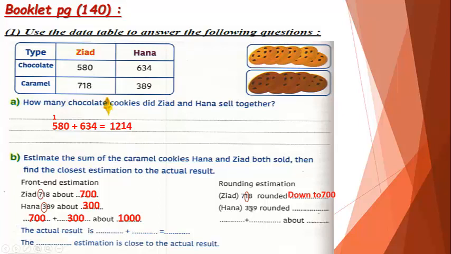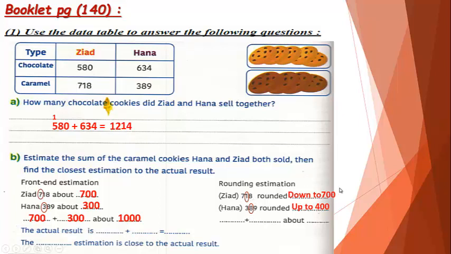Okay. What about this one? Circle the tens here. The tens here is 8. Is 8 more than 5 or less than 5? It's more than 5, so it will give 1 to the hundreds. So the 3 will round up to 400. Why? Because the 8 here is more than 5. So it will give 1 to the 3 and it became 400.